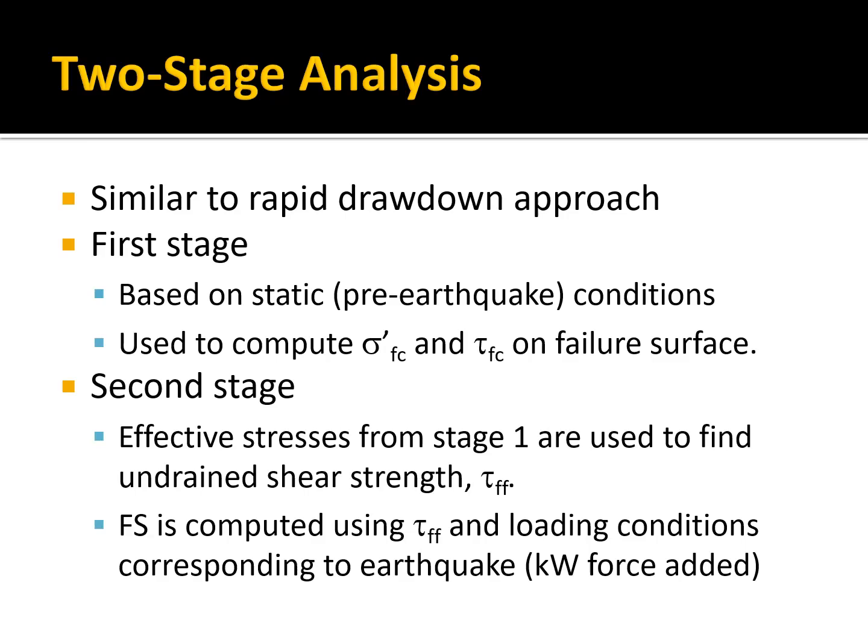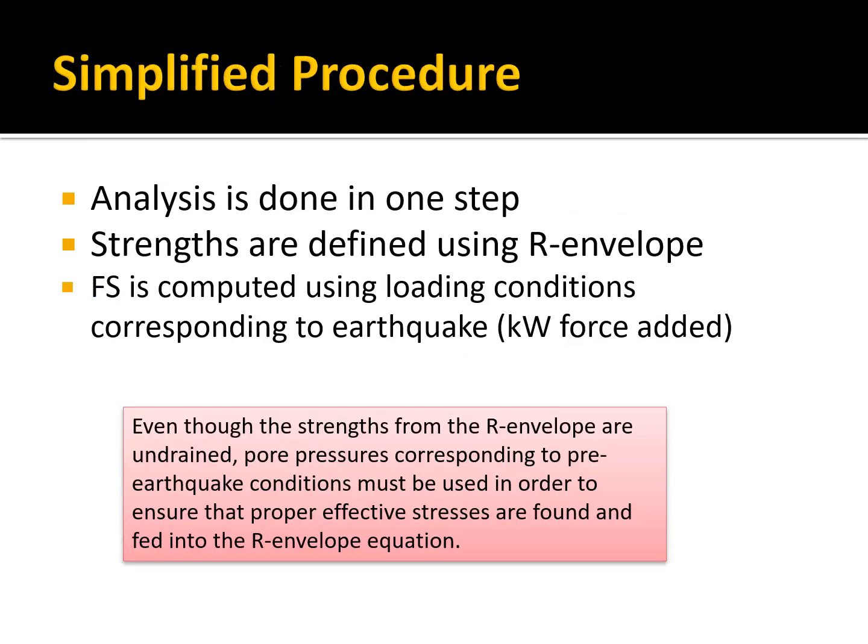And during the second stage, as was the case with rapid drawdown, the effective stresses from stage 1 are used to find the undrained shear strength tau FF using a very similar approach. And the factor of safety is computed using this tau FF and the loading conditions corresponding to the earthquake. In other words, with the kW force applied. So very similar to the rapid drawdown case.